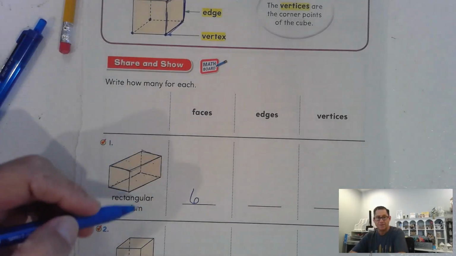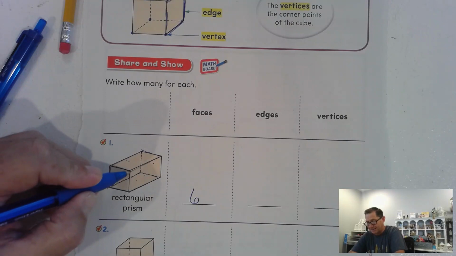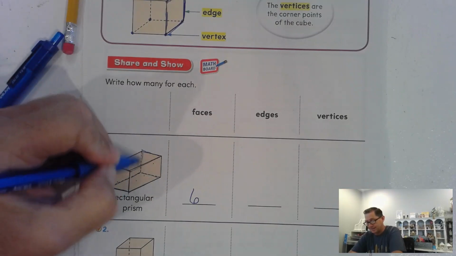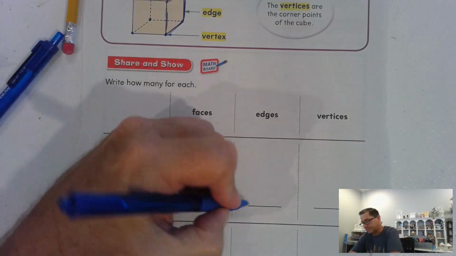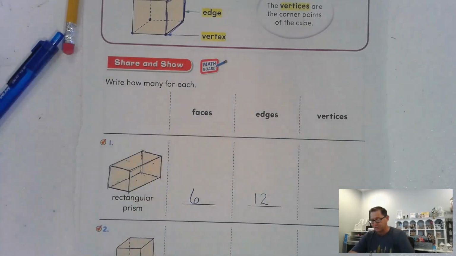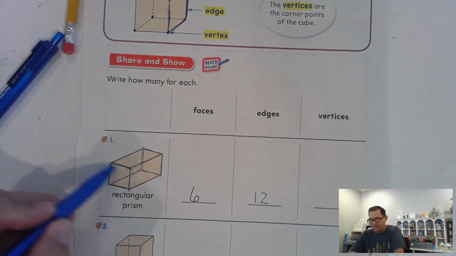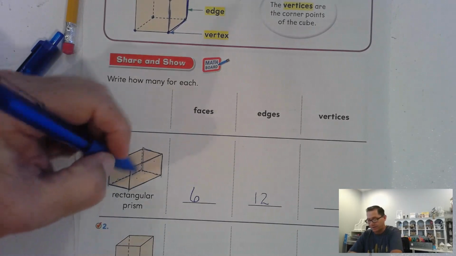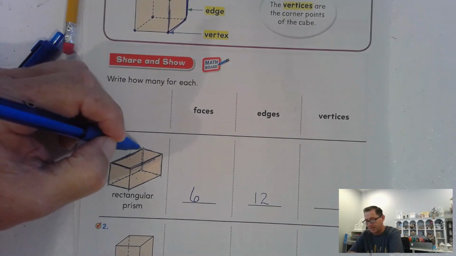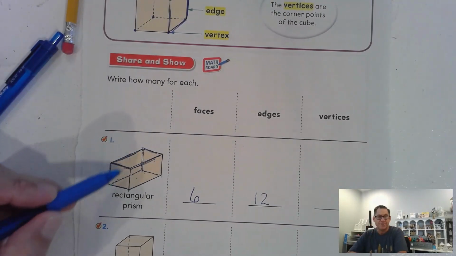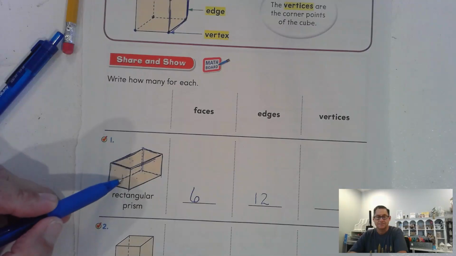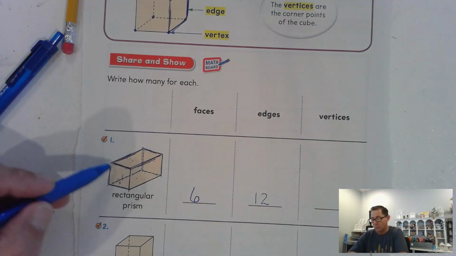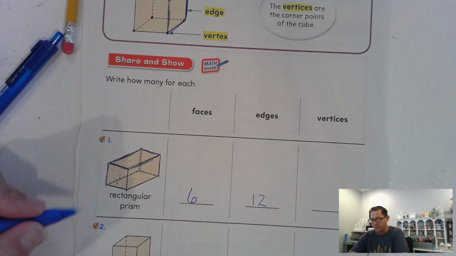The top and bottom have 8, 9, 10, 11, 12 edges. So why didn't we count this as an edge? Well, we did, but we counted it as part of the top. If the edge is sharing a face, we don't count it twice. We only count it once.